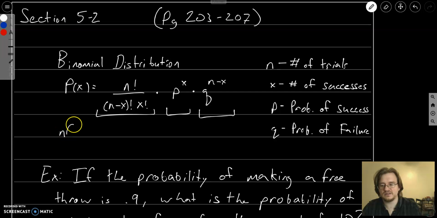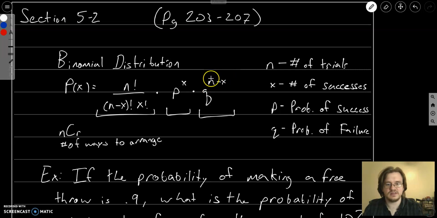This is n choose r, as in the number of ways to arrange all of our successes and failures. So if we have x successes, the remaining n minus x trials will be failures, so we arrange x successes and n minus x failures.